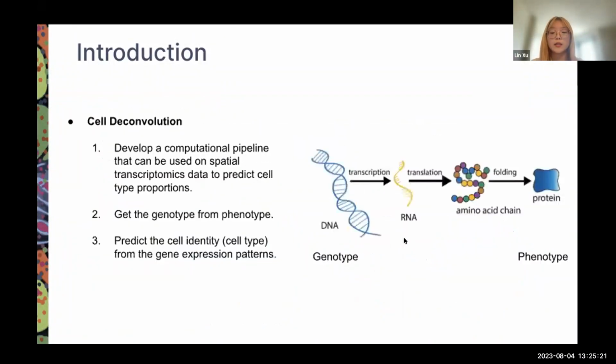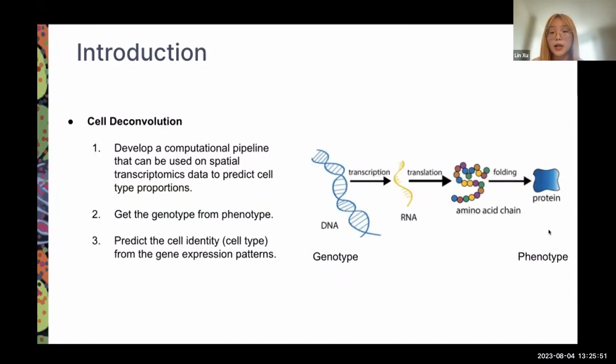So what is cell deconvolution? It's a computational pipeline that can be used on spatial transcriptomic data to predict cell type proportion. You can do this because DNA can be transcribed to RNA and then translated to become amino acids. And then it will fold and become protein, and you can get signals from other cells, work with other organelles, and you will finally become the tissue and become the organ that we can see.